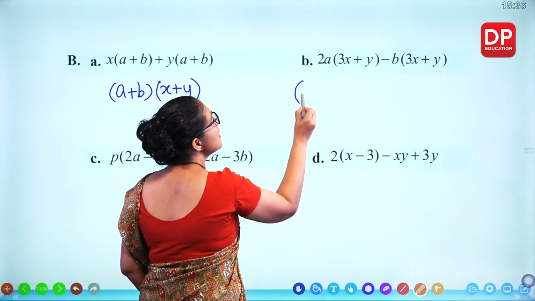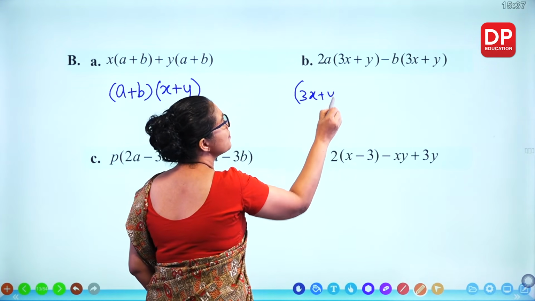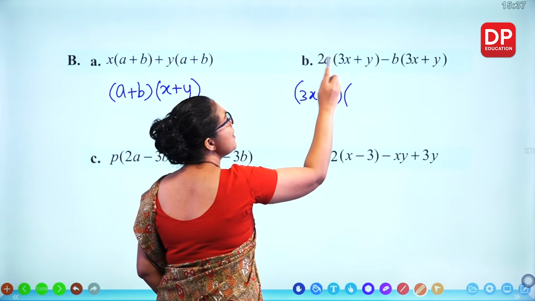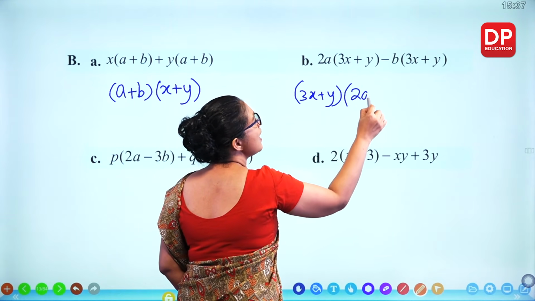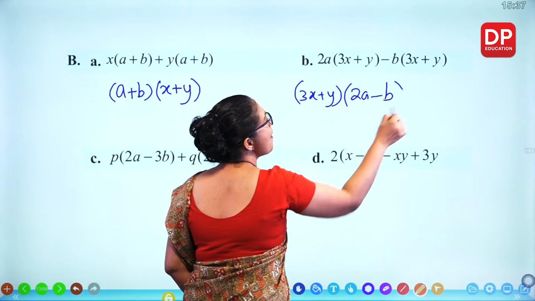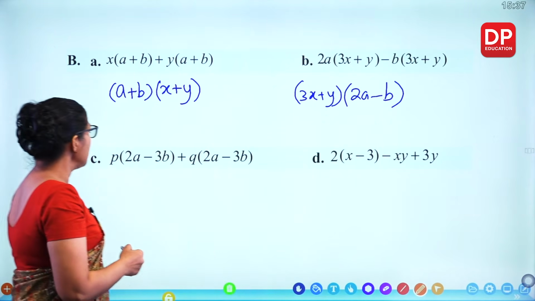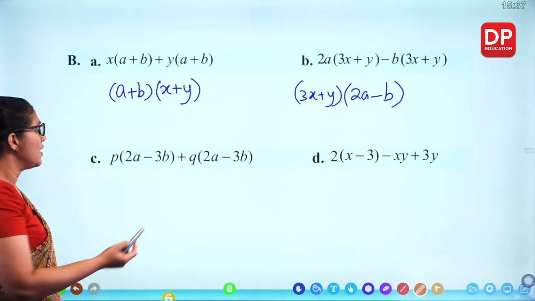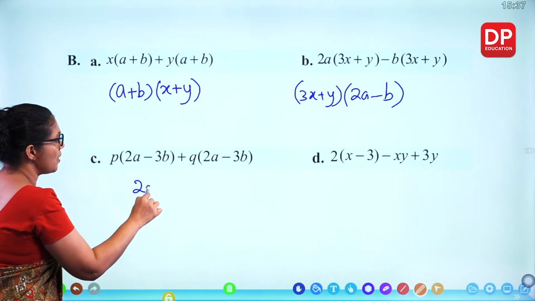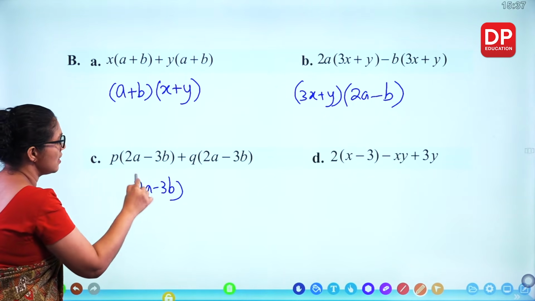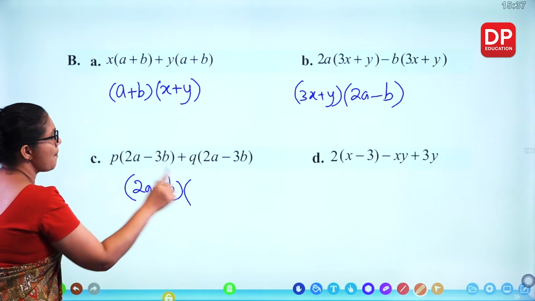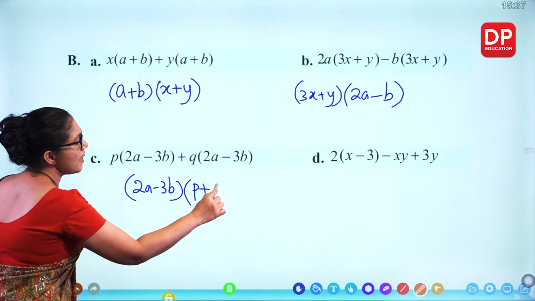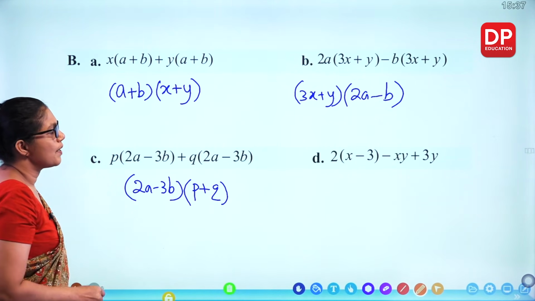So that means 3x plus y is common. Take it out. What's remaining? 2a minus b. This one, 2a minus 3b and 2a minus 3b. So I can take 2a minus 3b out. What's remaining? P from here and plus q from this one.